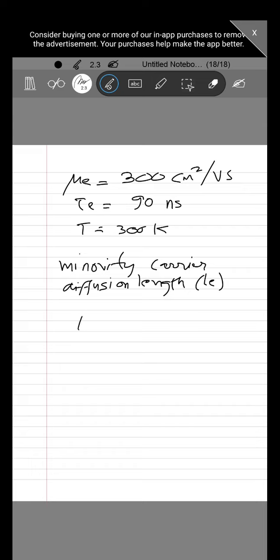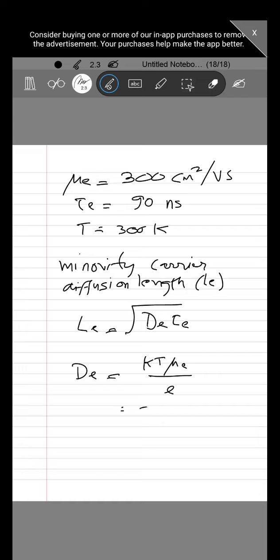So LE is nothing but root over DE into tau E, where D is the diffusion coefficient. From Einstein's relation, DE is given as kT mu E divided by E, and if we put all the values here, it turns out to be equal to 7.75 centimeters square per second.